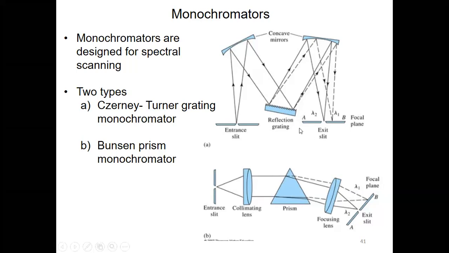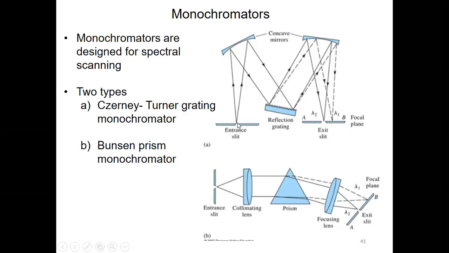And let's see what is happening here. In the grating monochromator, the radiation will come from the light source and enter from the entrance slit, right? There's an entrance slit.